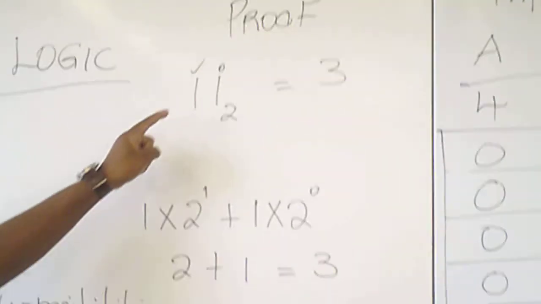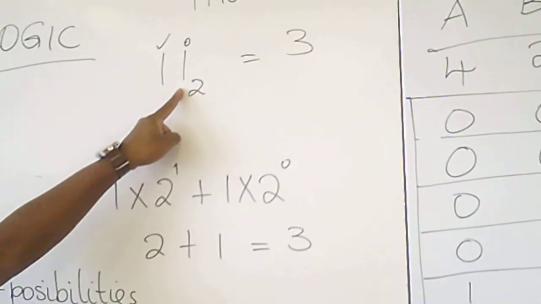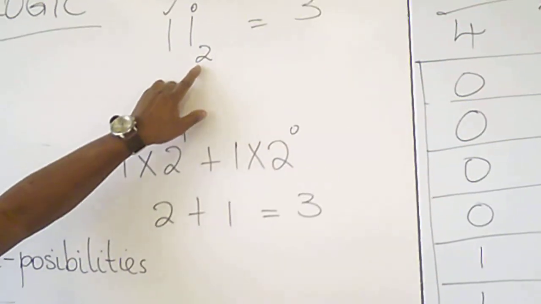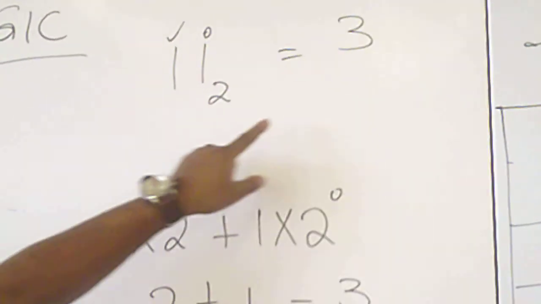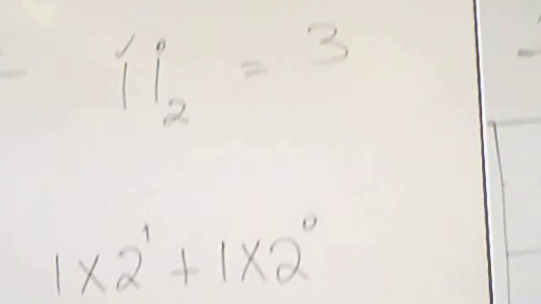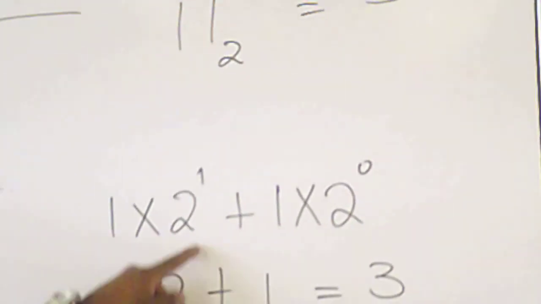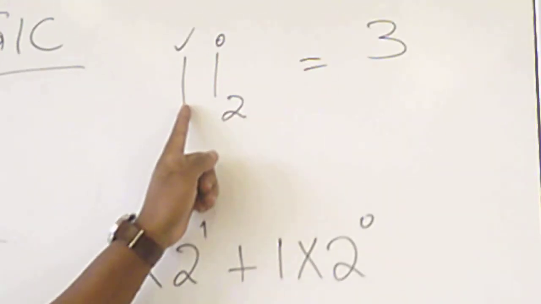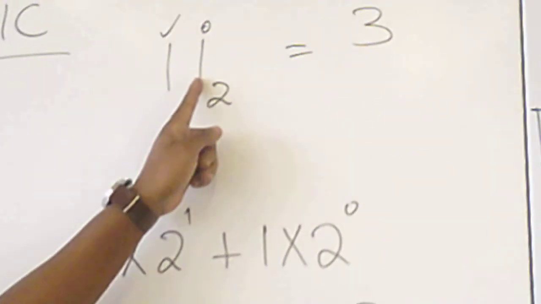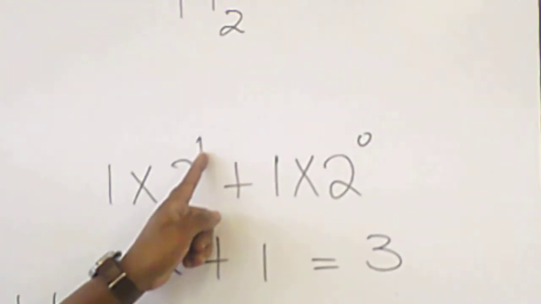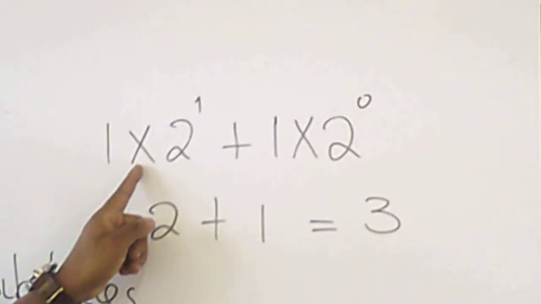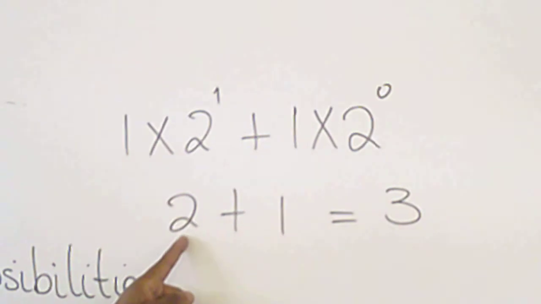We say that we want to prove that 1, 1 with on the base of 2 equals 3. We take the first 1, multiply it by 2 to the power, the number that comes after this 1, which is 1. We put it here. 1 multiplied by 2 to the power 1 is a 2.